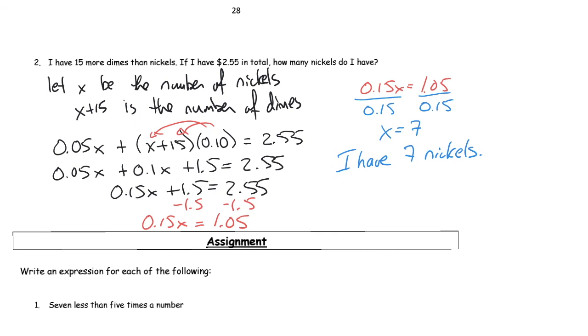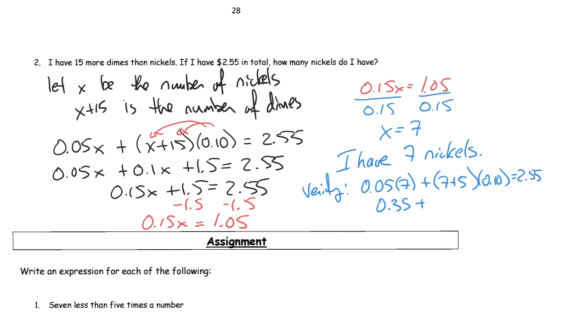Okay, now let's figure this out though. Let's just verify this real quick. We're going to throw this off to the side. We're going to verify. If that's true, that should be 0.05 times 7 plus 7 plus 15 times 0.10. Does that equal 2.55? Okay. Well, when I multiply the first two values, 0.05 and 7, I get 0.35.